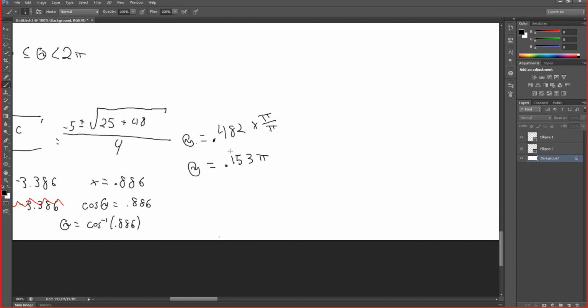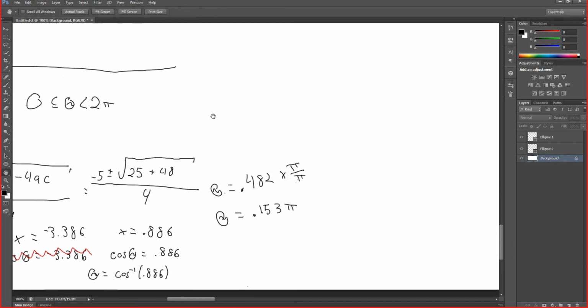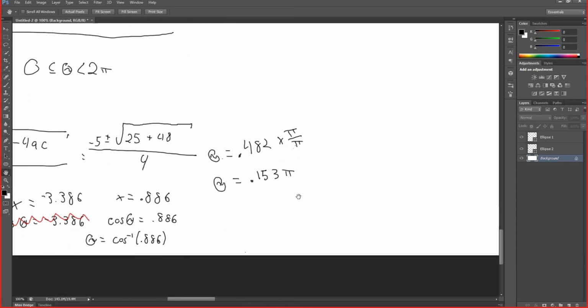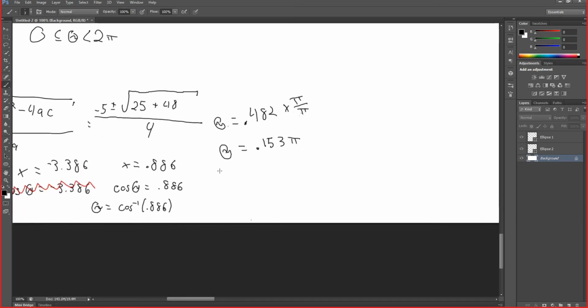From here, we know technically cosine can happen twice. So I have 0.153 pi, somewhere around there. I know cosine can be positive in quadrants 1 and 4. So now it's just finding the same angle for quadrant 4 as a reference. To find this, just as a quick refresher, does anyone remember how we would find the angle? If not, that's okay.